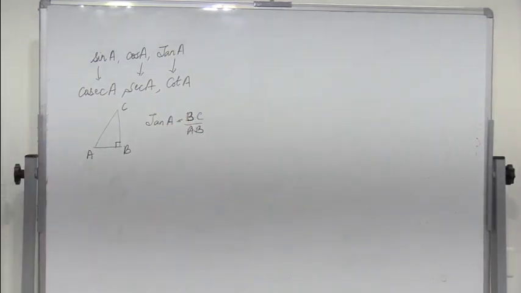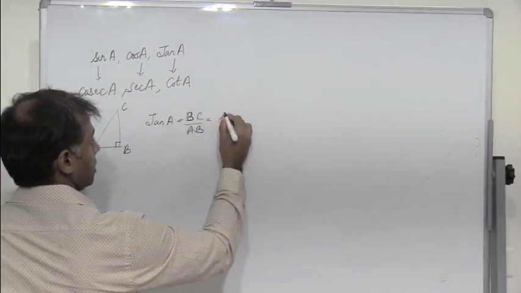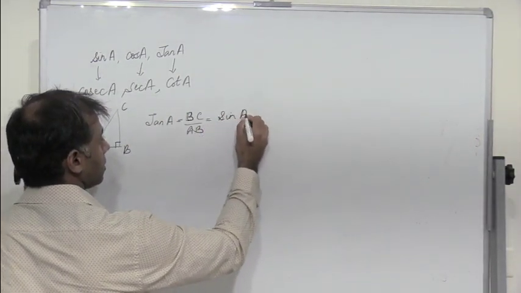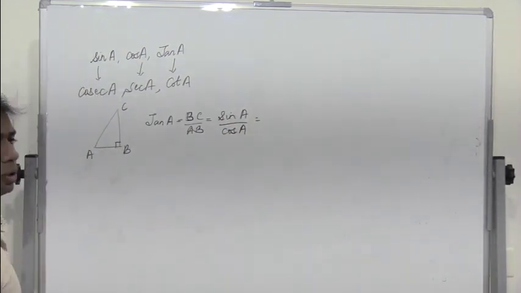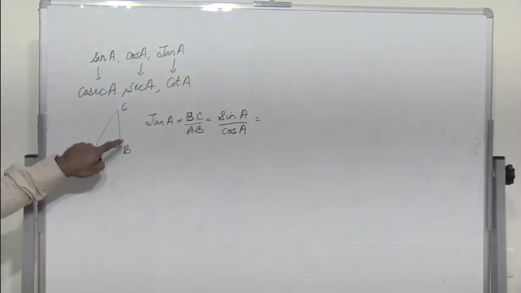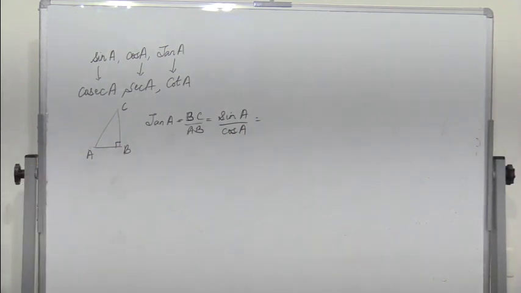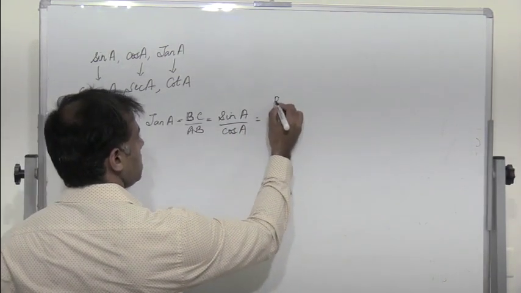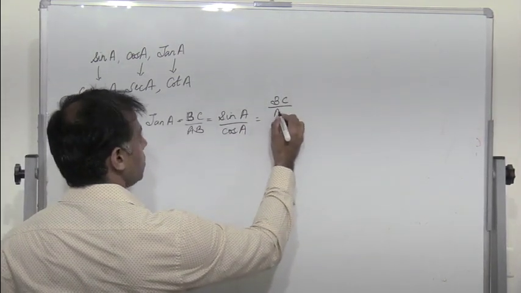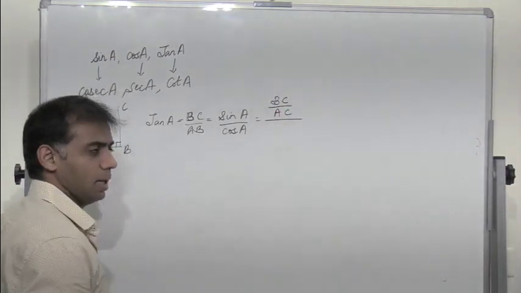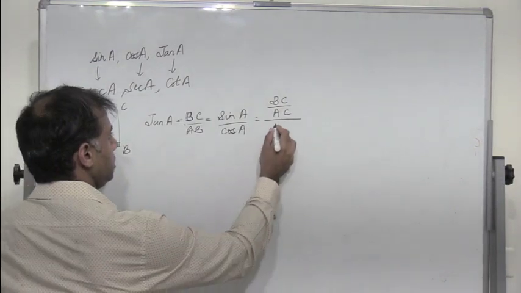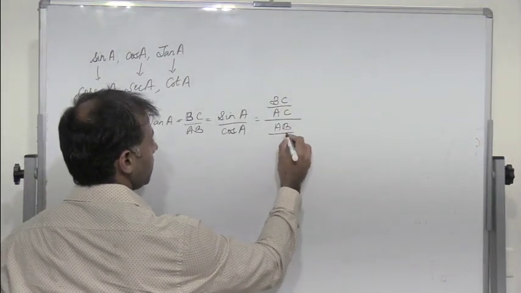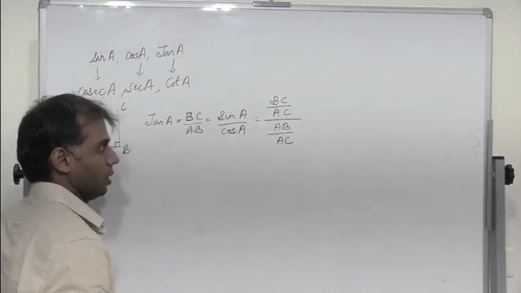Now tan A can also be written as sin A by cos A. Why is that so? What is sin A? Sin A is opposite side by hypotenuse. The opposite side BC by hypotenuse AC, divided by cos A, which is adjacent side AB divided by the hypotenuse AC.